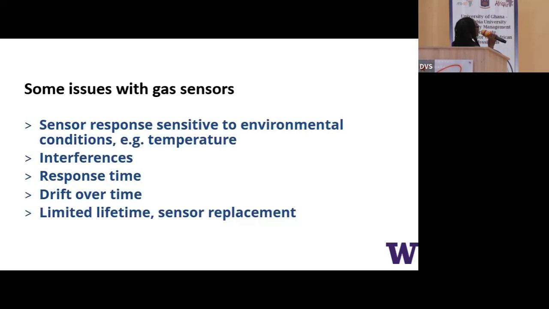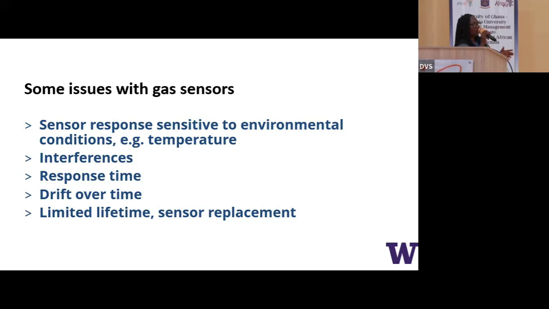So there are some issues with gas sensors. Most of the low-cost sensors we have are particulate sensors. The sensor response is very sensitive to environmental conditions, like temperature and so on. So what you record might not be the actual thing, because it could alter the result.